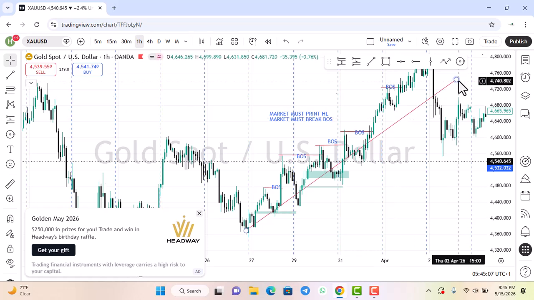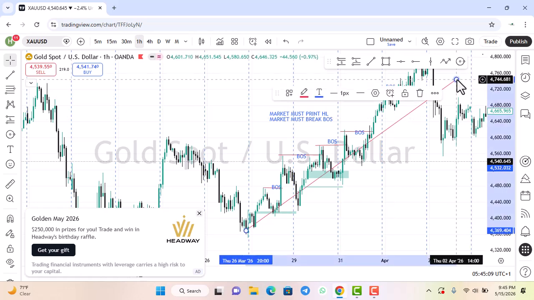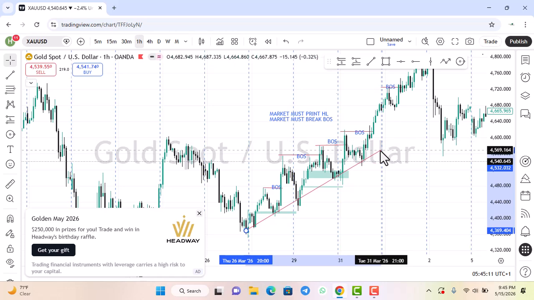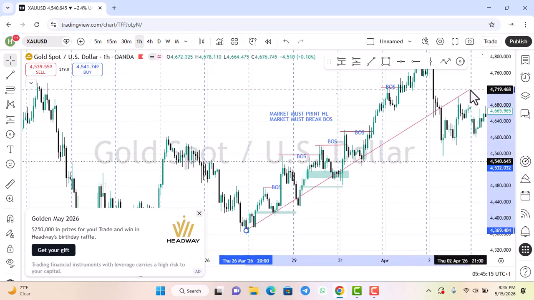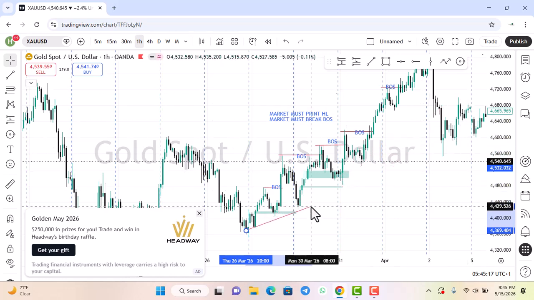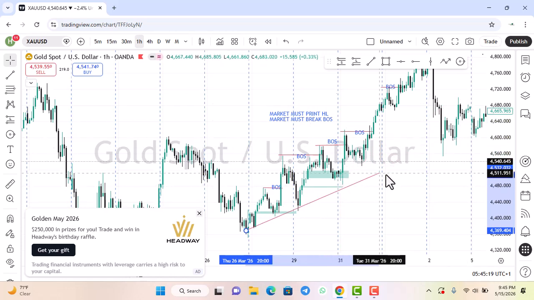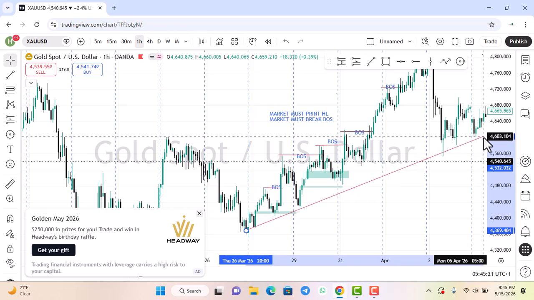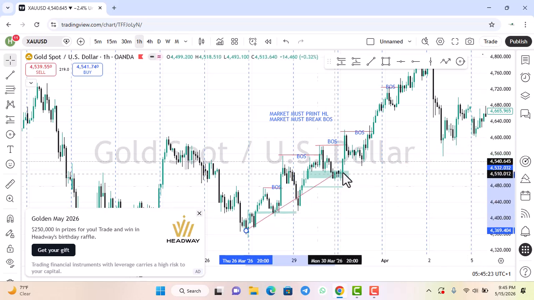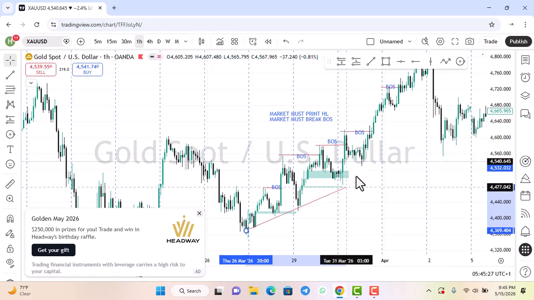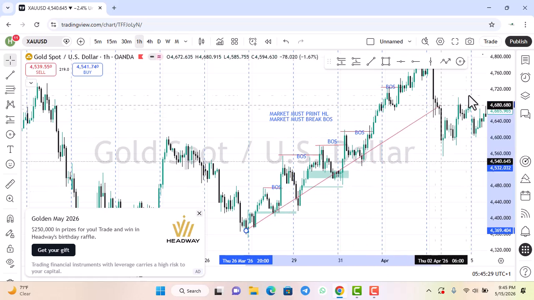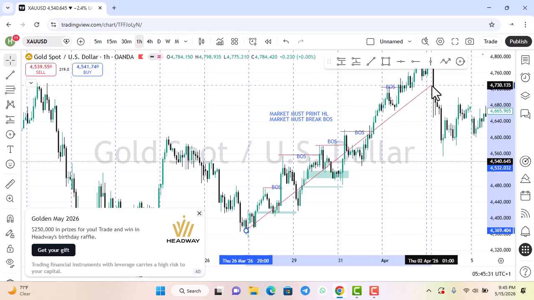But based on the behavior of the market, those points are not equal. So if I pick this point, this is where my trend line will be. If I pick this point, it will be like this. If I pick this point, my trend line will be like this. And if I pick this point, my trend line will be like this.